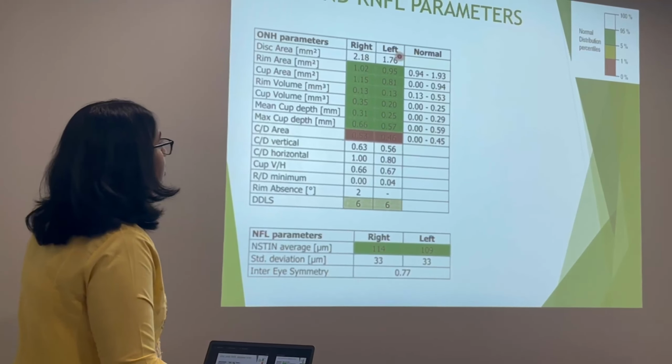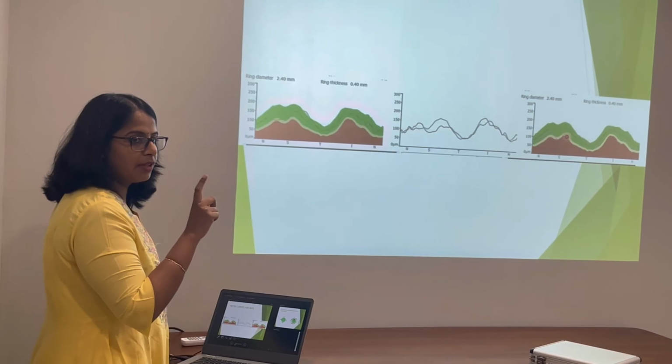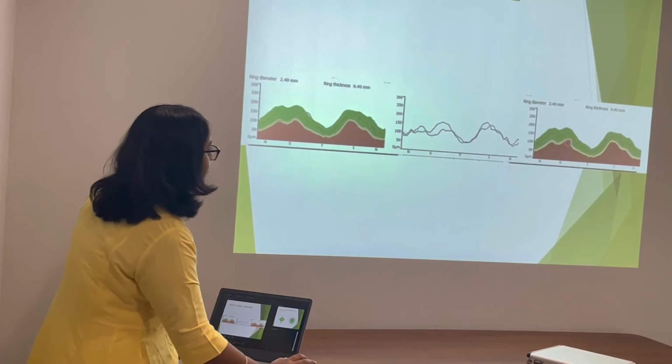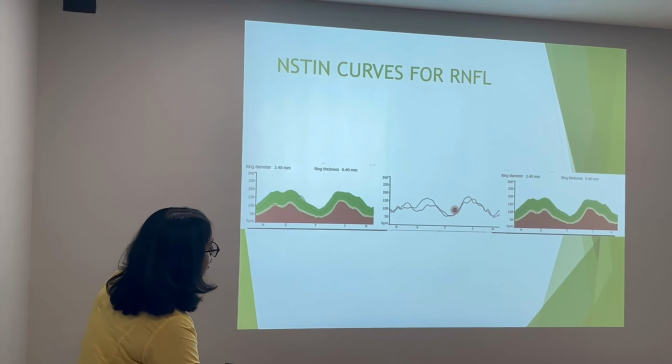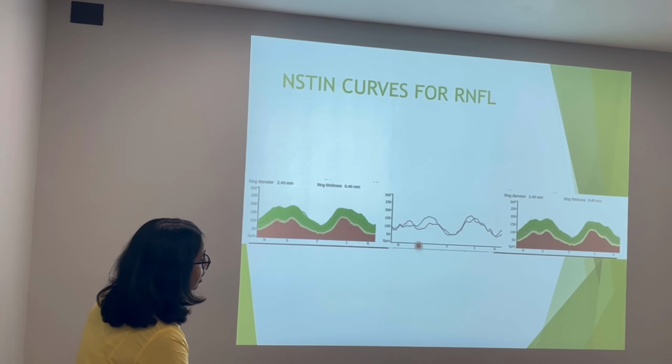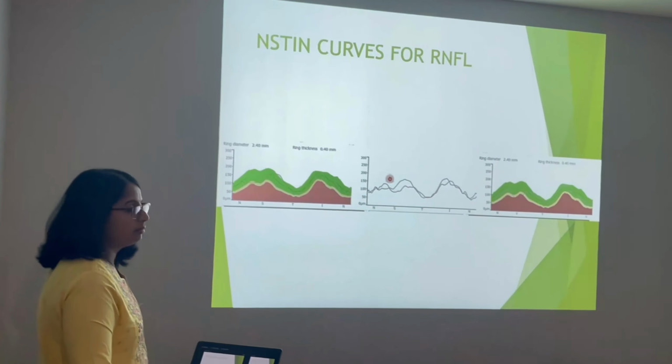In the left eye, there is an obvious dip into the red area at the superior, as shown in the previous picture, superior RNFL thinning. And the middle picture shows the RNFL layers of both right and left. If there is any asymmetry, we can check it in the middle figure.